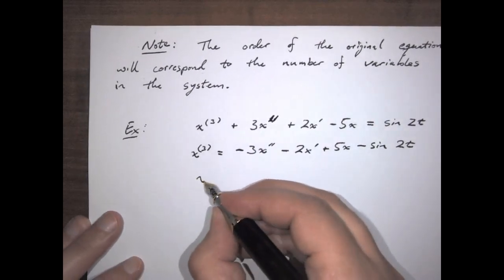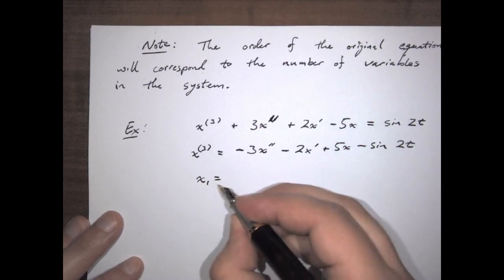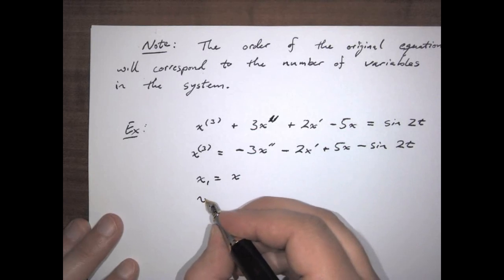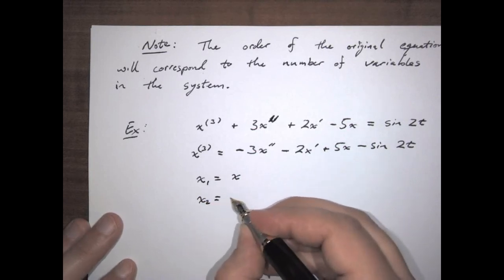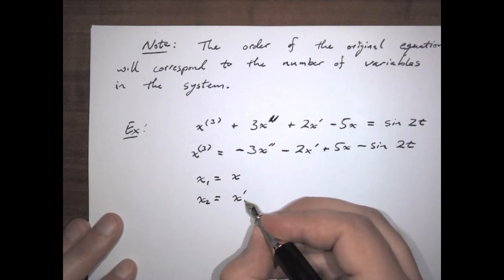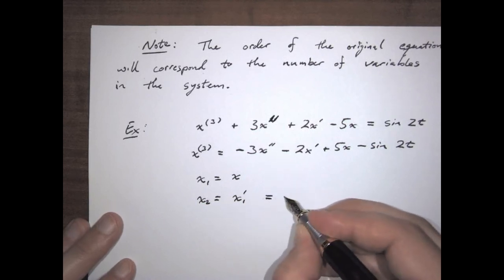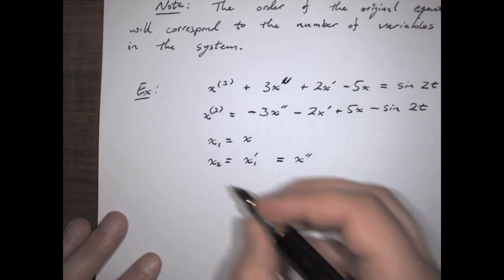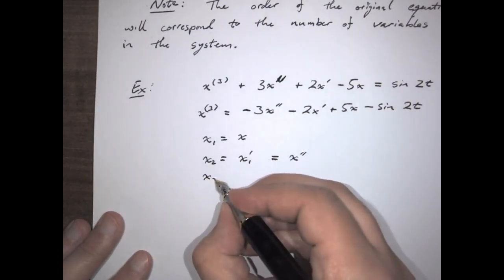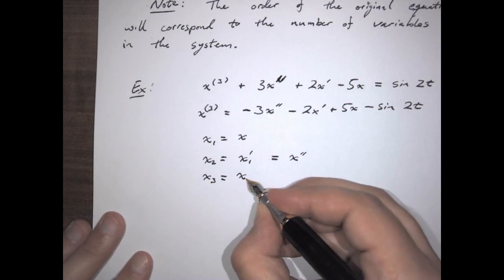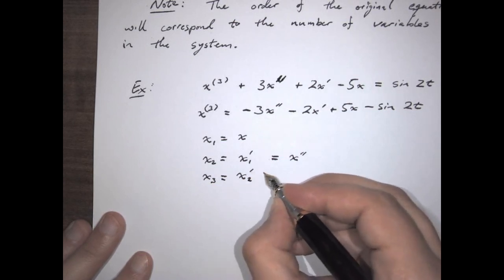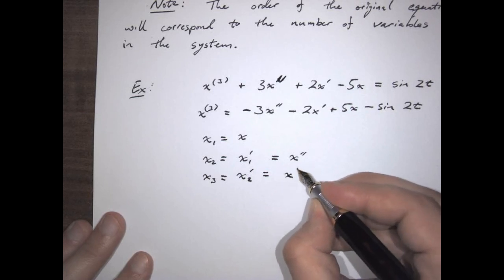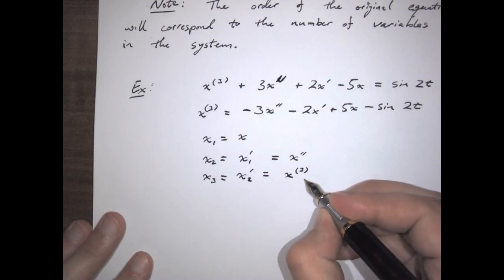Now the new variables that we're going to assign are first x1, which will just be regular x, x2, which will be the first derivative of x1, which corresponds to the second derivative of regular x, and we'll have x3, which will be the first derivative of x2, which in turn corresponds to the third derivative of the regular x.